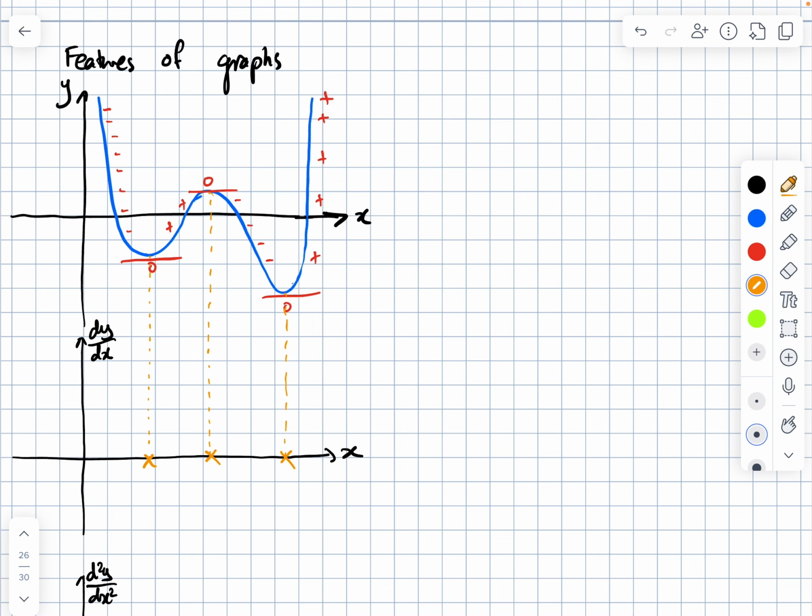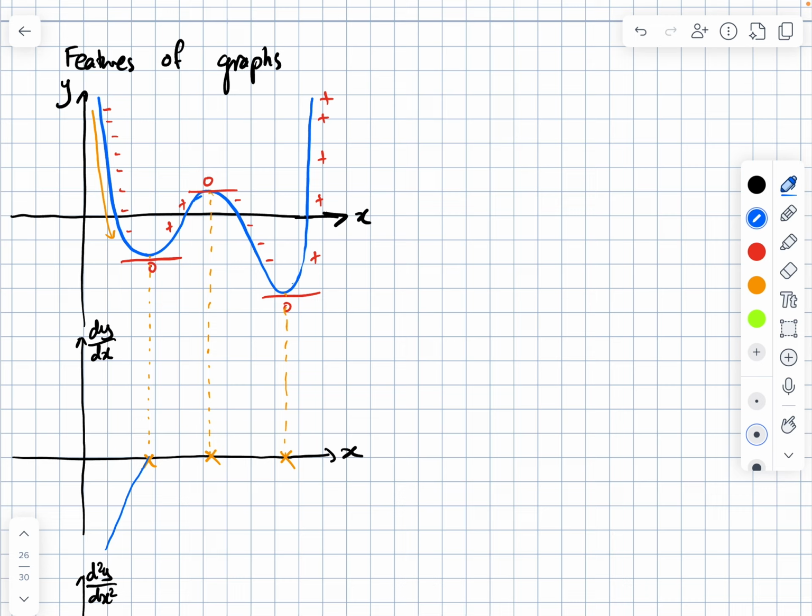Now I'm looking for what the gradient is doing. Well, on the left side it's negative, and as it comes further and further towards this first gradient being 0 point, it's getting less and less negative. That's like the gradient starting down here and then coming up to there.